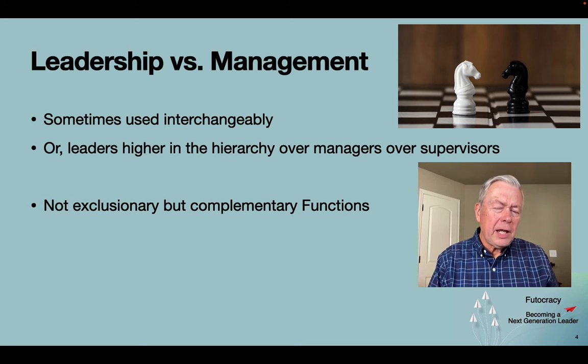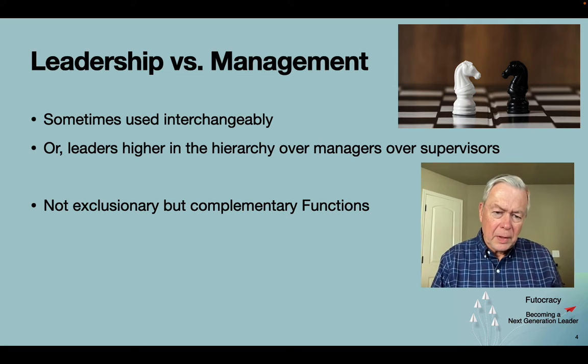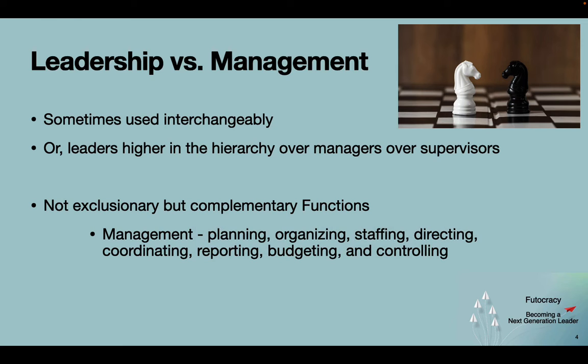But when we take a look at them from a functional standpoint, they're not exclusionary, but really complementary functions. When we look at what oftentimes you're finding in academic textbooks, management has a list of specific functions that fall under the management umbrella.